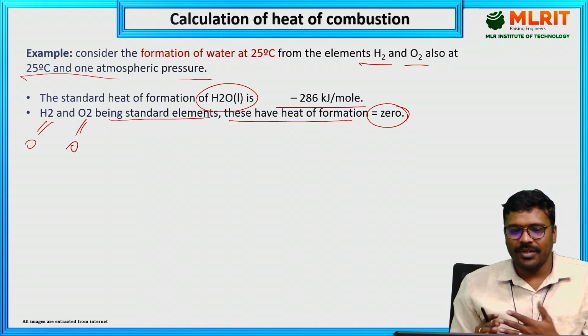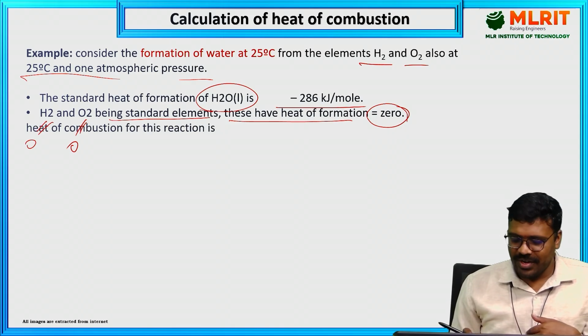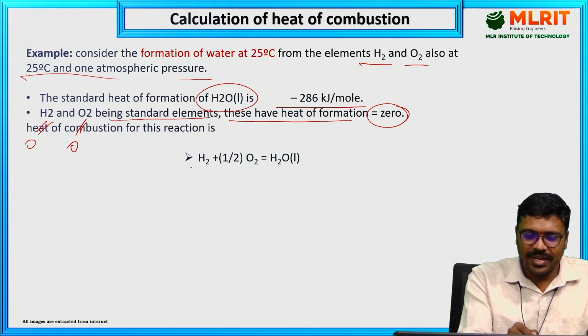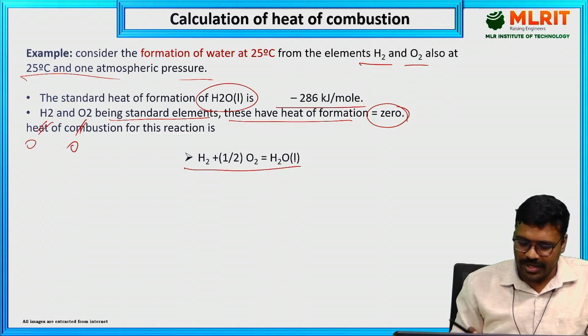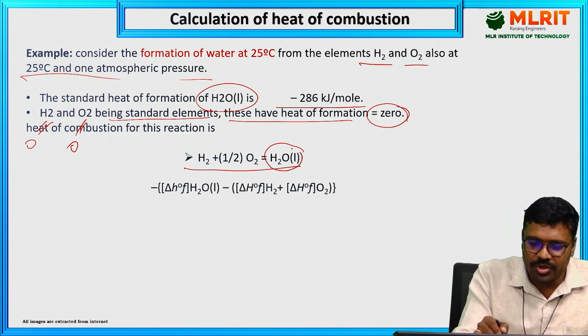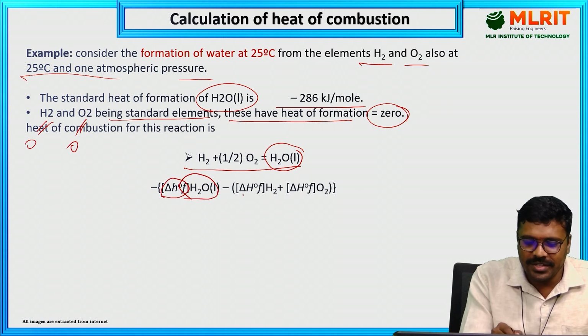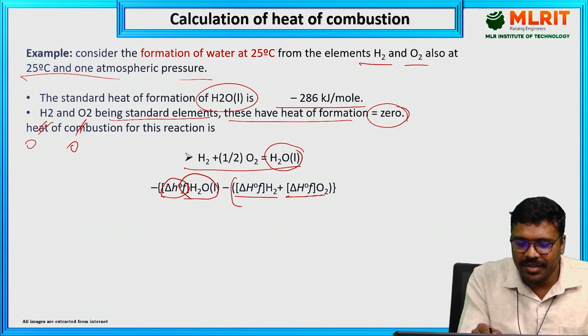If I want to calculate the heat of combustion for this reaction, H2 plus half O2 equals H2O, what is the product here? H2O liquid. So it is the heat of formation of the product H2O, minus the sum of the heat of formation of H2 and of O2.